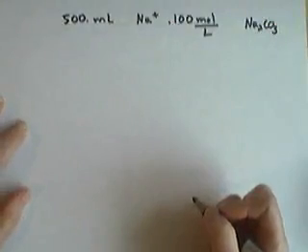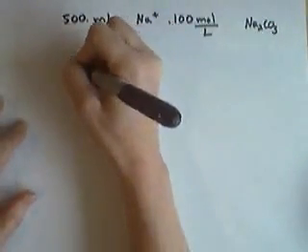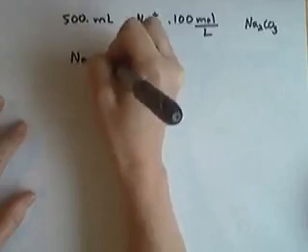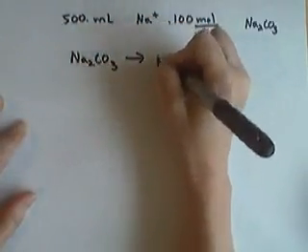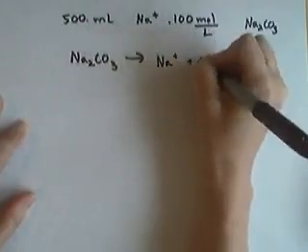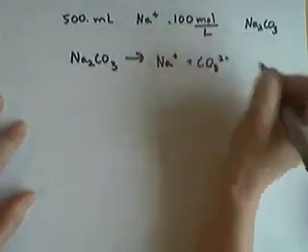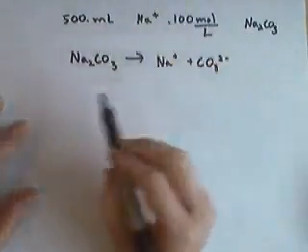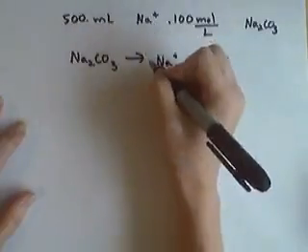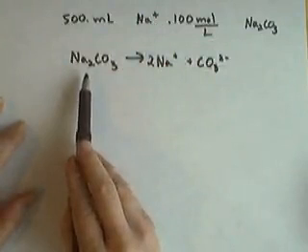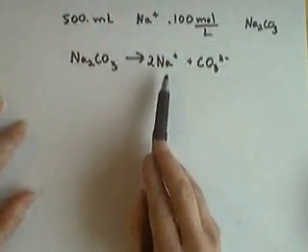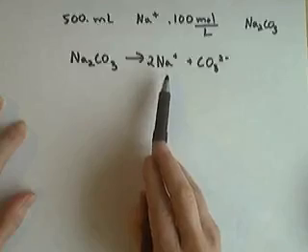Okay, so the first thing to look at is when sodium carbonate dissolves in water, it breaks up into ions, sodium ions and carbonate ions. And we need to balance this. There's 2 sodiums here, we need 2 sodiums here. So what this is telling us is for every 1 mole of sodium carbonate we put in, we're going to get 2 moles of sodium ions.